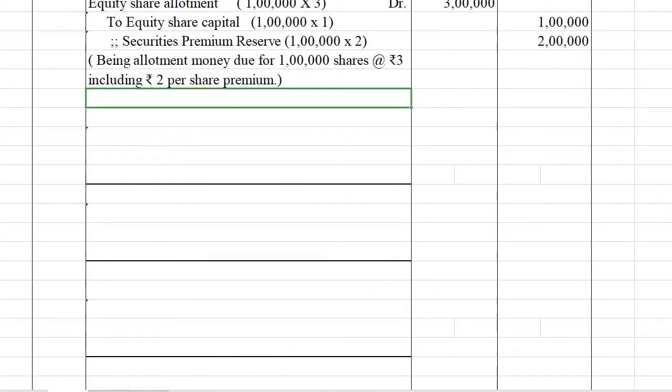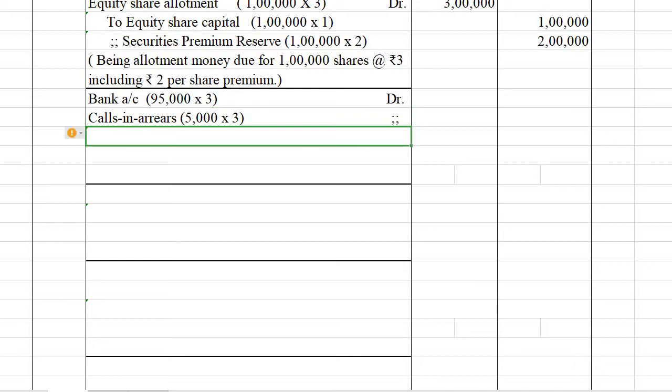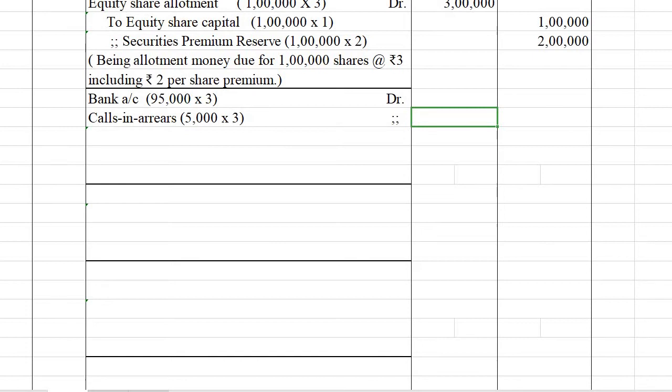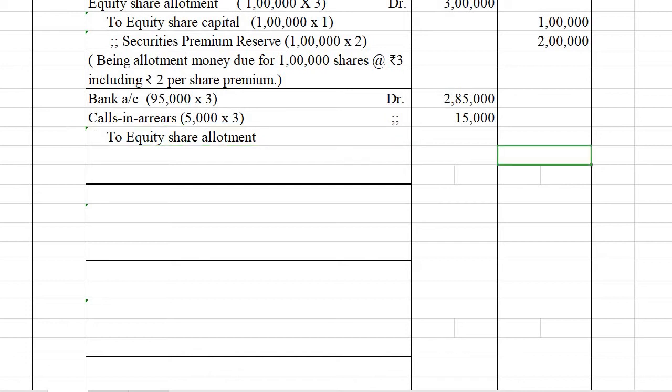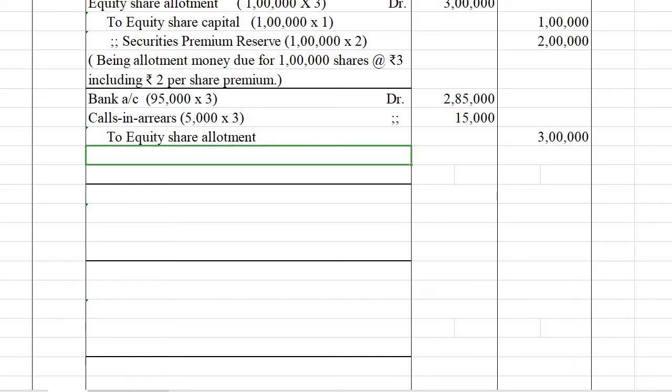So we have to write the journal entry for that: bank account debit to equity share allotment, and we adjust calls in arrears account, which can be debited. 5,000 shares did not pay, so 5,000 into 3, 15,000 we have written, and bank will be the remaining 95,000 into 3. So the total to equity share allotment: 1 lakh into 3 was the amount, but we received 2,85,000 only. Let us write the narration.